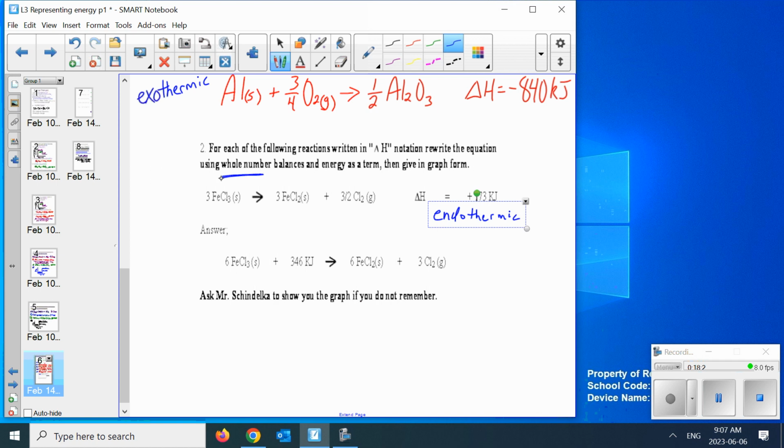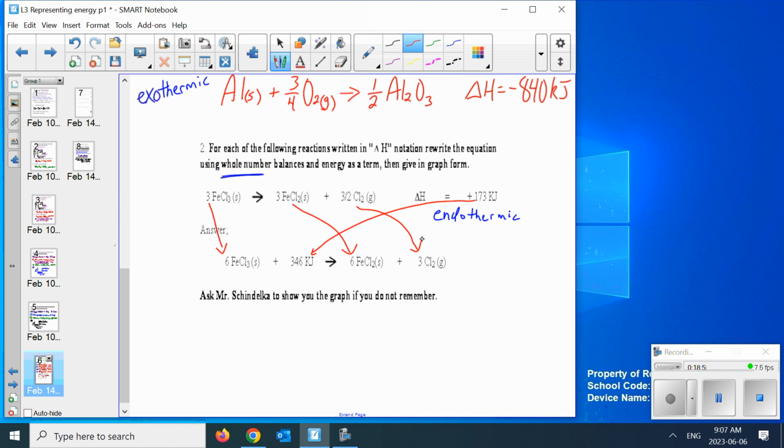That means I have to multiply everything by 2, since I see 2 halves Cl2. I need to put this endothermic 173 times 2. Then on the other side of the arrow, 3 times 2 is 6. 3 halves times 2 is the number 3. That's where that came from.